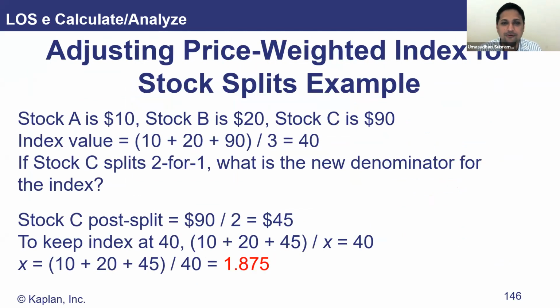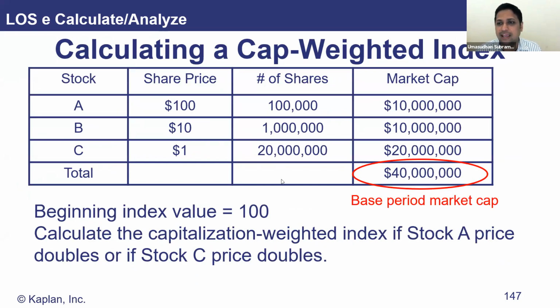Because if you look at stock A and compare it with stock C, in a price weighted index, which stock do you think is going to have a higher weightage out of these three? Stock A is going to be weighted more, but which stock is going to be weighted so less in a price weighted index?